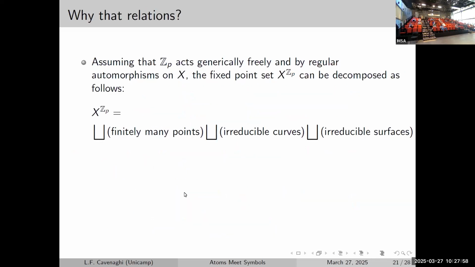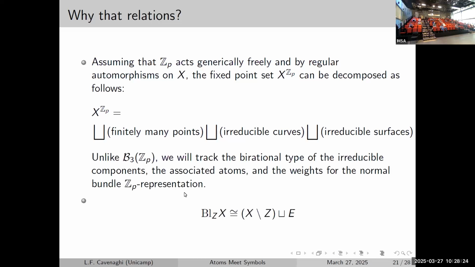Let's understand how you can obtain this kind of relations when you have your symbols and your atoms. How to derive these relations? To do that, you first look at the decomposition of the fixed point set. The main thing that you need to know is what happens when you do these equivariant blowups. Does the blowup make contributions to the fixed point set?